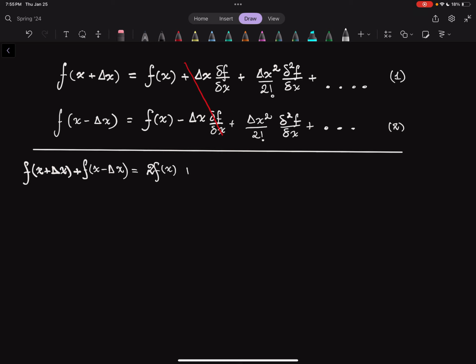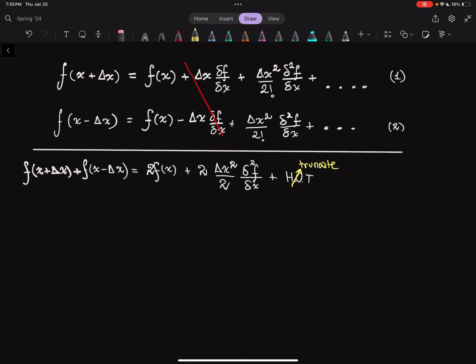And then I would get plus 2 delta x squared over 2 factorial, which is just 2, times the second derivative of f with respect to x, plus the higher order terms, which we will truncate.